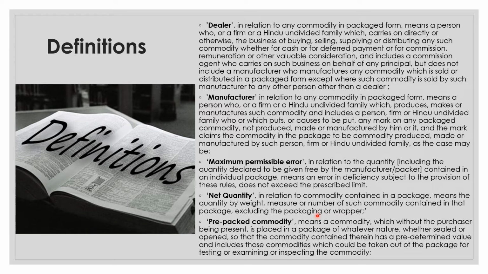So some articles come in bottles, some in Tetra packs, some in cardboard boxes, plastic containers. So excluding the weight of that container, what is the net quantity? What is the quantity of goods present inside the container? That is the net quantity.